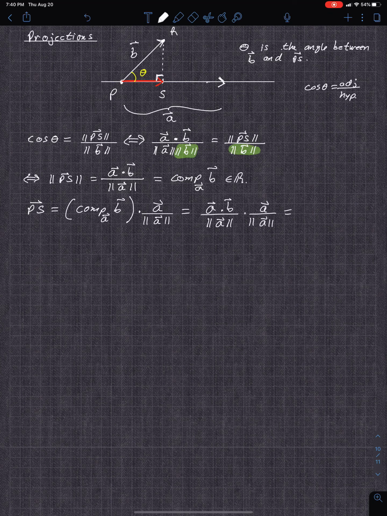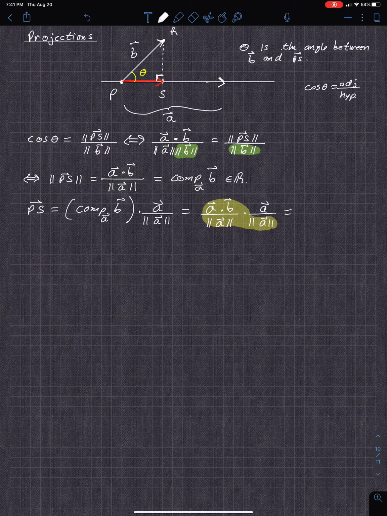So a little rewriting, and then you'll have the scalar you multiply A by to get PS. That's exactly what we're looking for. So you just put all this together, and then you have A on the outside, which would be the given vector.